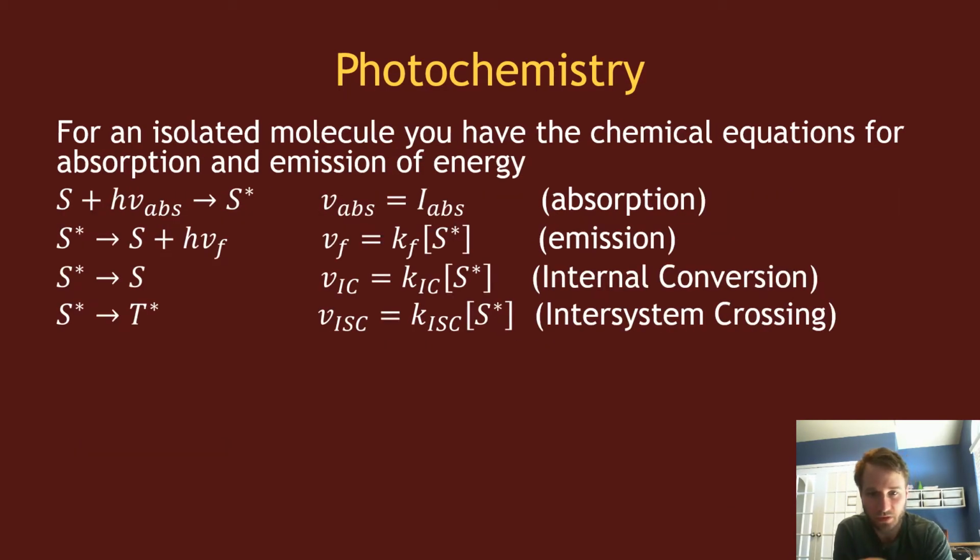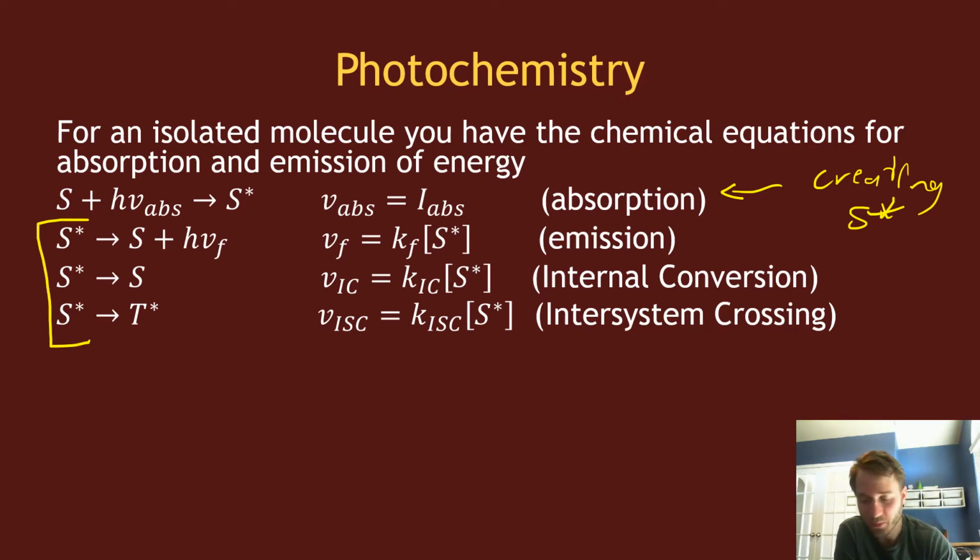Okay. So there are different types of decays that affect the rate of change of that singlet excited state. You have the absorption, which creates S star, your photoexcited state. So you have a bunch of absorption events that create that photoexcited state, and then that photoexcited state can undergo different processes to get rid of itself, to decay, if you will.